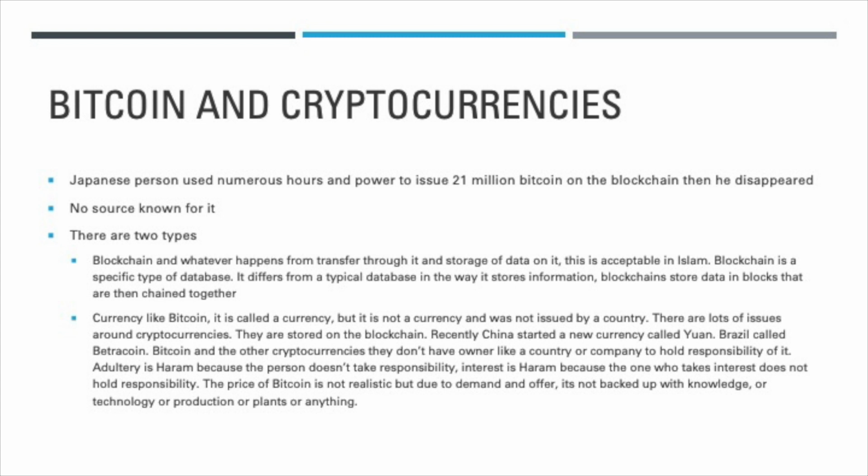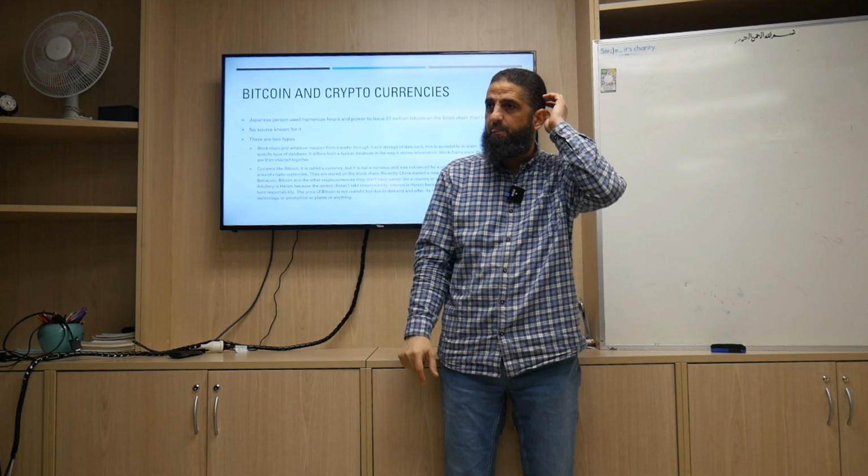He used numerous hours and a huge amount of computing power, and he generated this Bitcoin, which we are going to speak about. How did he generate it? He issued 21 million Bitcoins for the world.